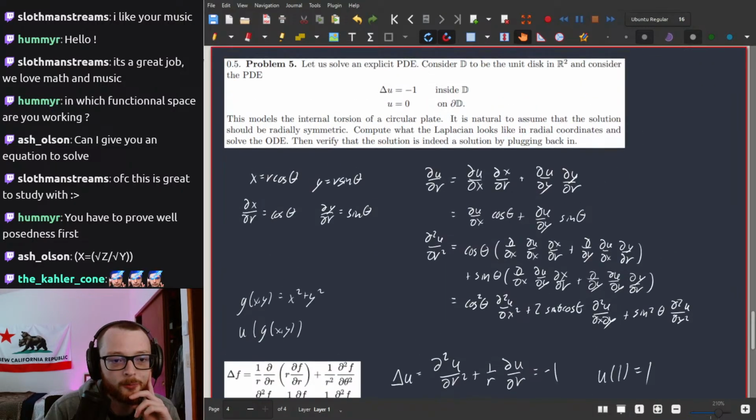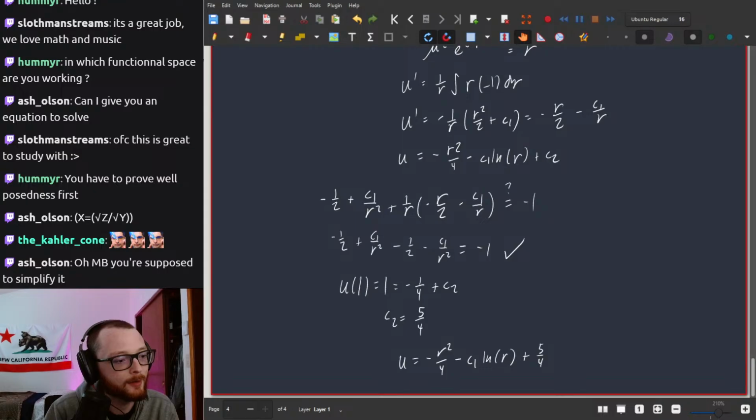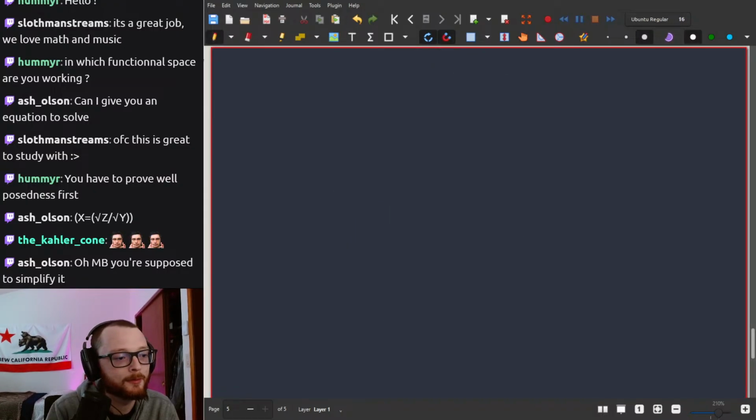I don't think it's possible to figure out C1. I'm supposed to... Well, there's not much to simplify. So, you have capital X equals root capital Z over root capital Y. There's really not much to do with this.